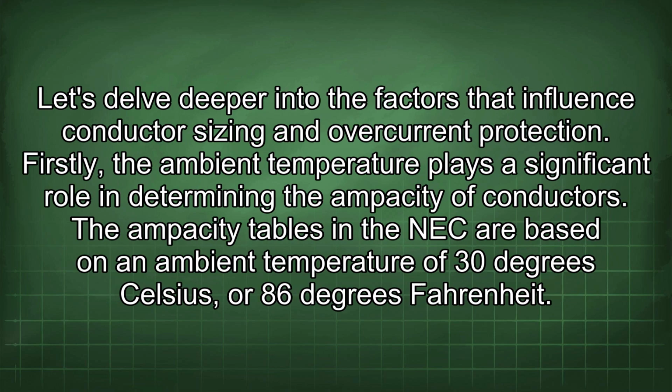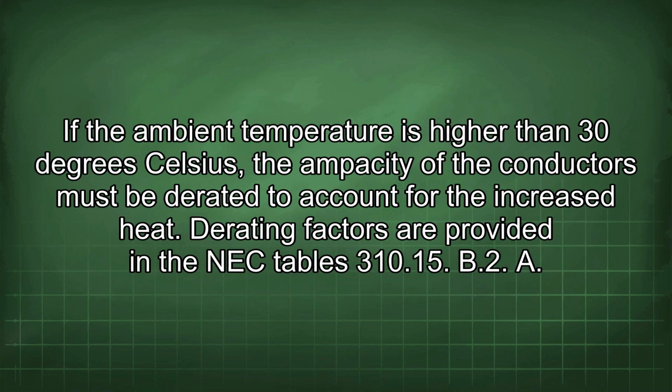Let's delve deeper into the factors that influence conductor sizing and overcurrent protection. Firstly, the ambient temperature plays a significant role in determining the ampacity of conductors. The ampacity tables in the NEC are based on an ambient temperature of 30 degrees Celsius or 86 degrees Fahrenheit. If the ambient temperature is higher than 30 degrees Celsius, the ampacity of the conductors must be derated to account for the increased heat.